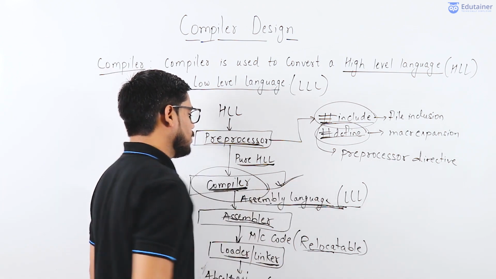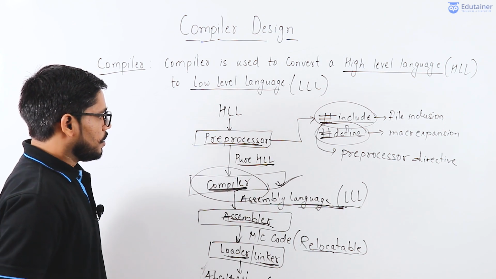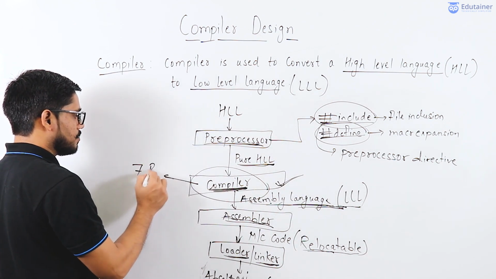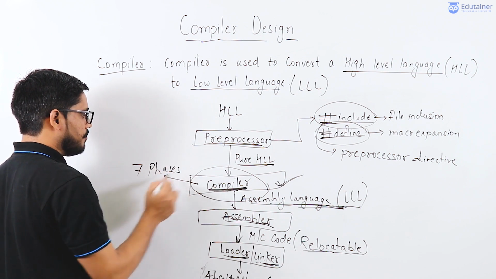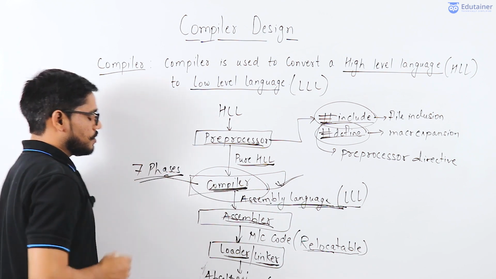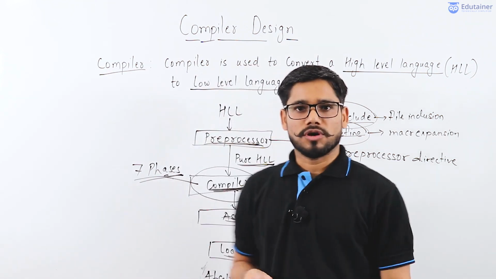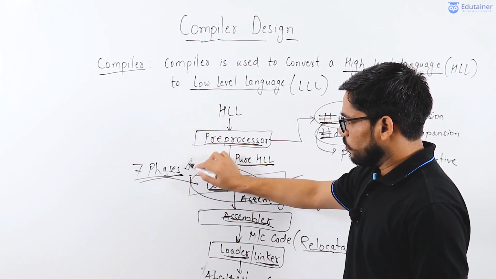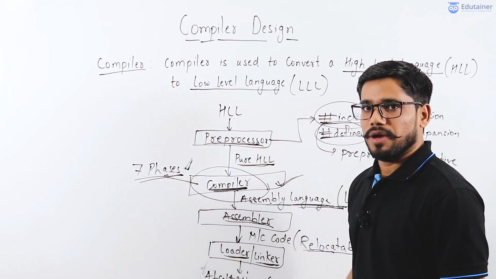The compiler basically has 7 phases to study. So in the next video we will go through the 7 phases of the compiler.